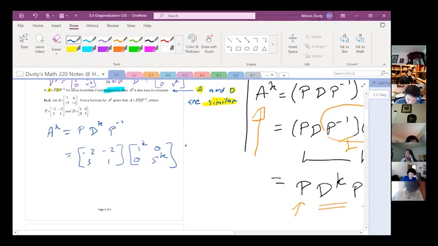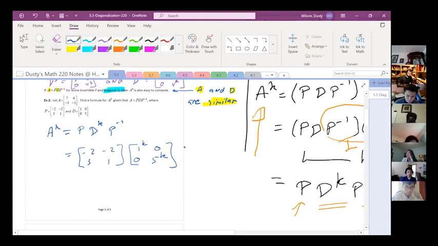Let's see, determinant is -7 plus 12. One over 5? Oh, P inverse. Sorry, I'm finding A inverse.